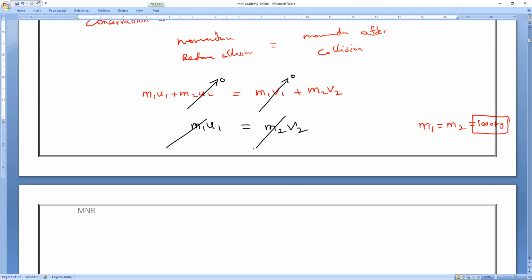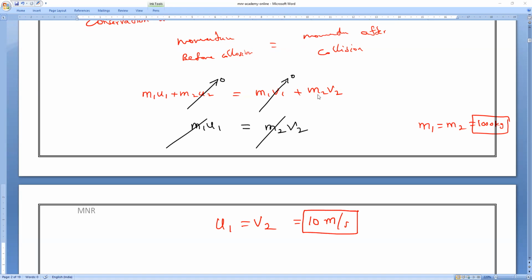So can I cancel, m1 is equal to m2? Both will cancel or not? Yes. So u1 is equal to v2. What is the u1 value? Initially car A is moving with what velocity? 10 meter per second.